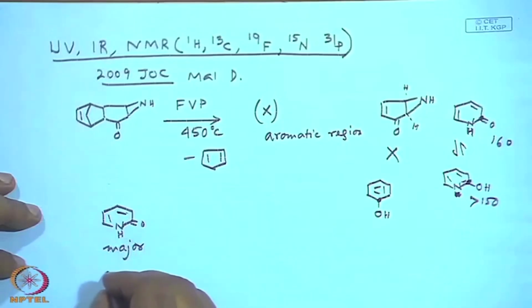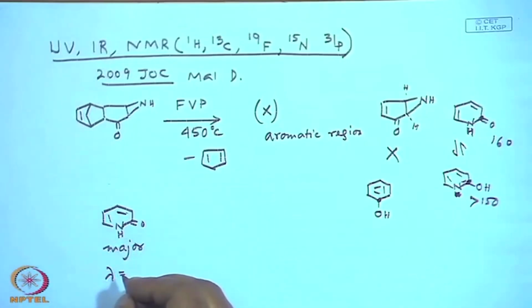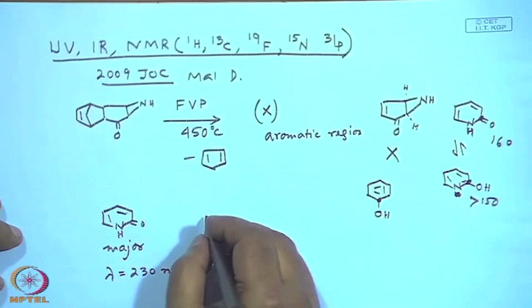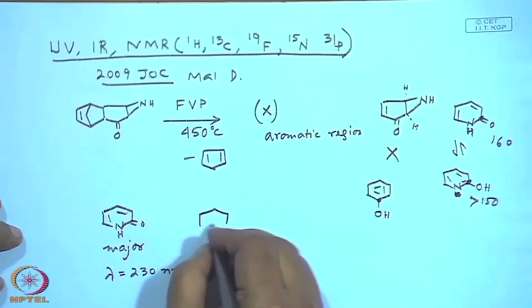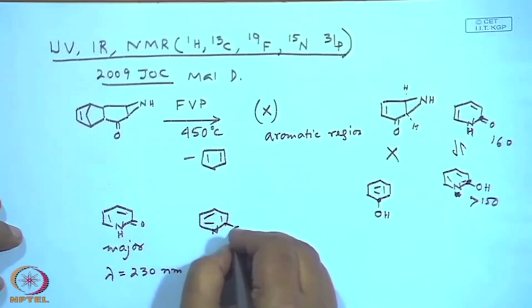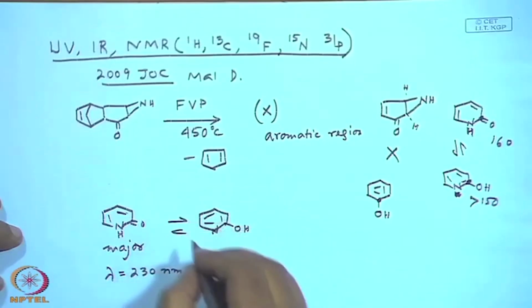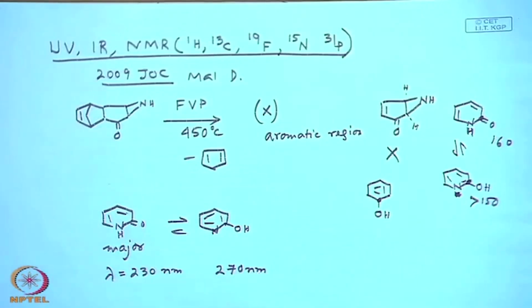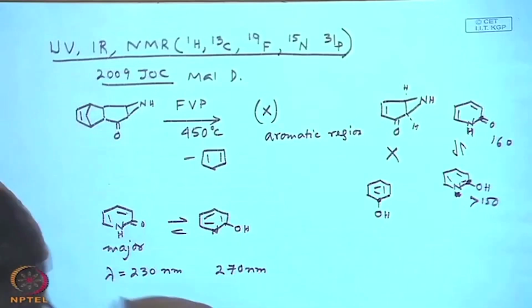The UV in this case was useful, and the UV was 230 nanometer. And the lambda max for the other compound, this one, was 270 nanometer.